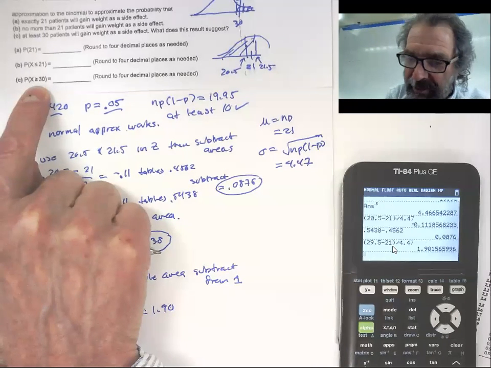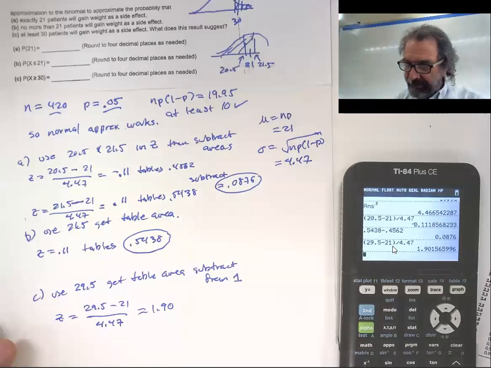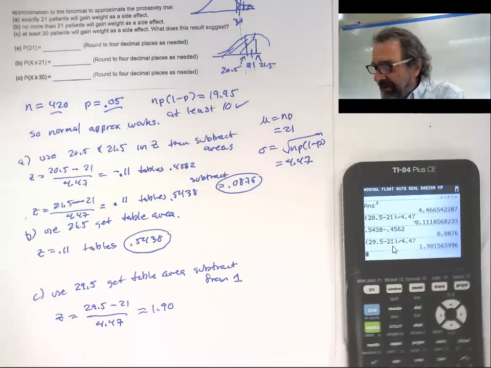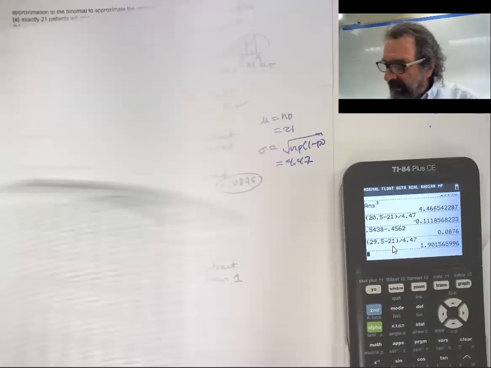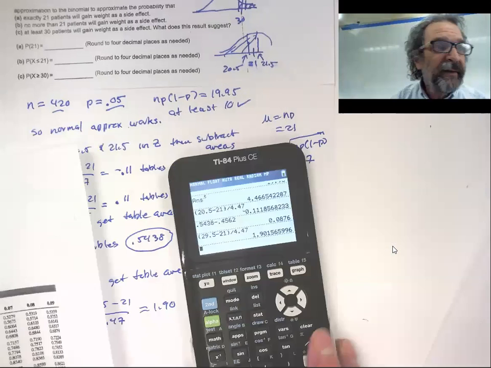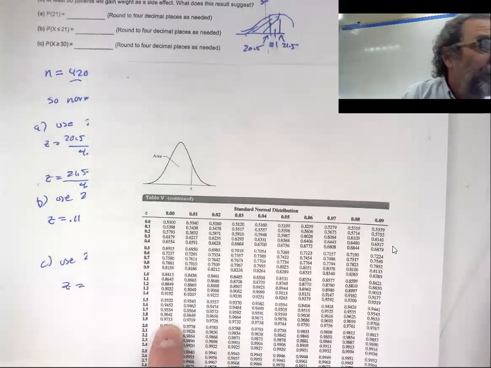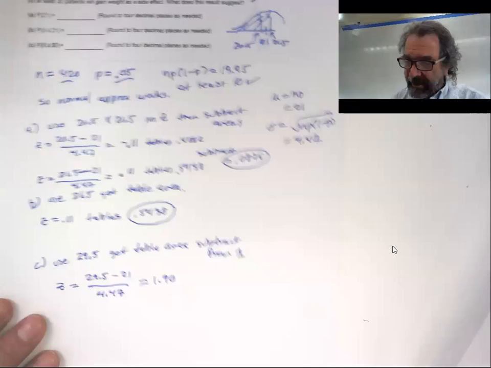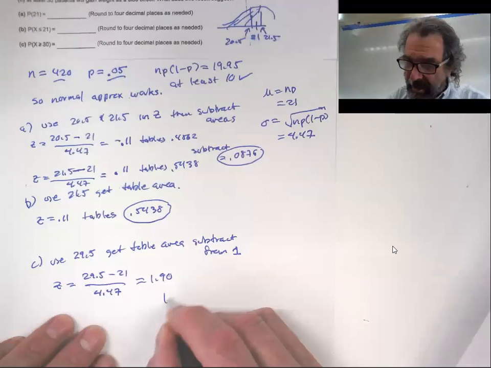We have to subtract that probability from 1. Find the area, subtract from 1. So 1.90, you can see it right there, 1.90 sits right here, 0.9713.